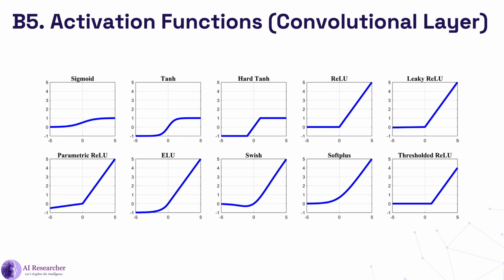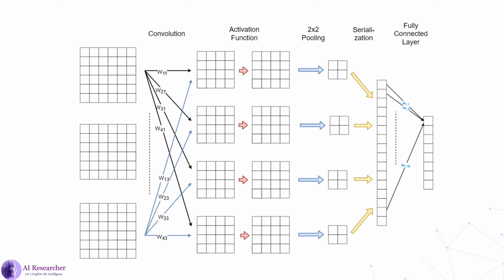To sum up the convolution layer of a convolutional neural network, I use this figure from a research paper. The figure shows the sequence of operations in a CNN. Starting with multiple input feature maps, the network applies convolutional filters, each producing new feature maps, which show the specific features in the inputs.